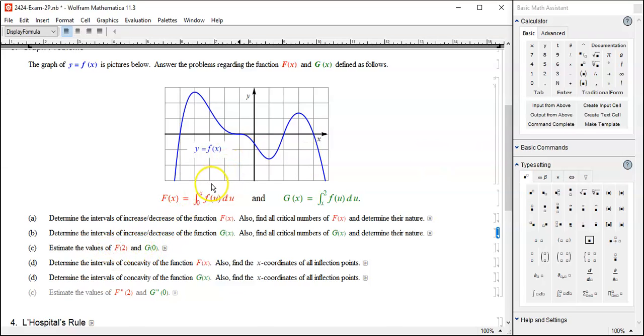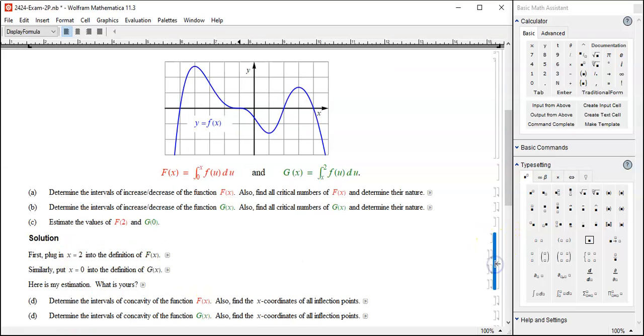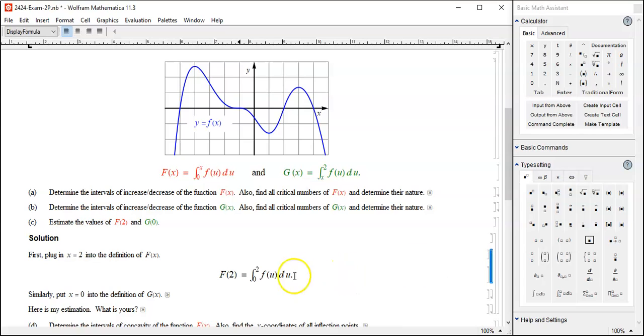Plug in x equal to 2, then we are talking about the integral from 0 to 2. And how do I get the integral from 0 to 2? Well, we got the shaded part, and then we have to estimate the area, or more precisely speaking, the signed area.